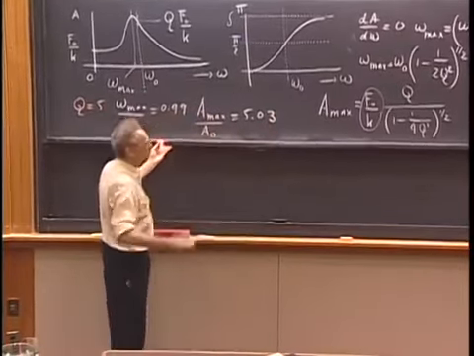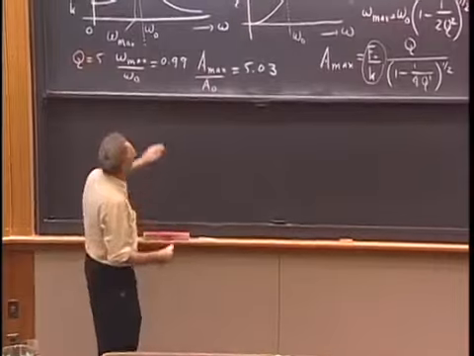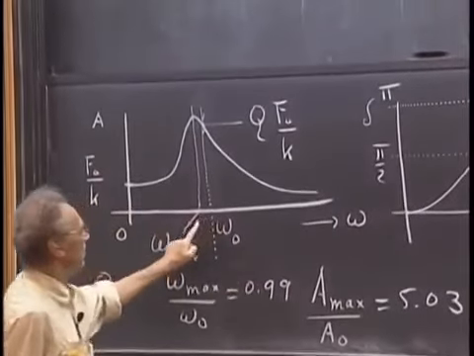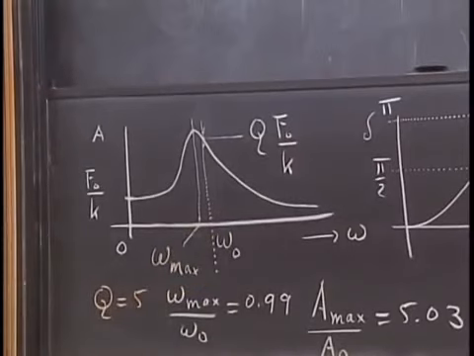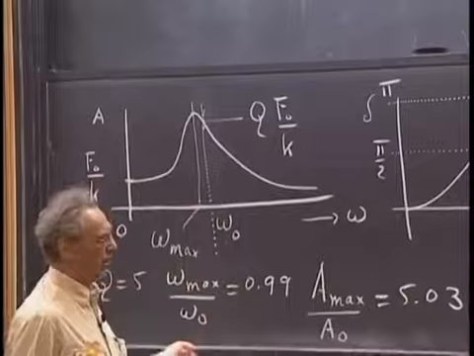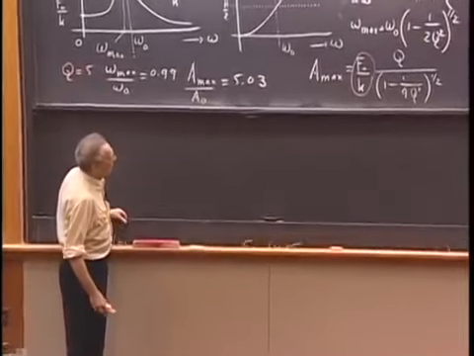And you can see that if Q is higher, then of course these numbers become even closer. Then omega max becomes even closer to omega 0, and then this maximum A becomes even closer to Q times F0 over K.